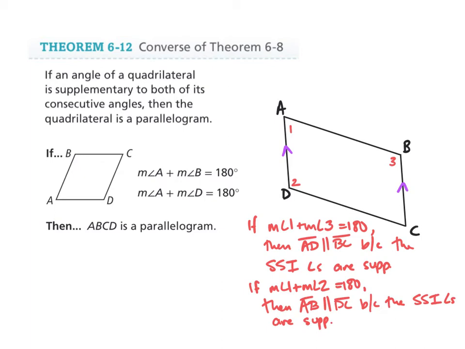And so if these two sides, this one and this one, are parallel, now we've proven that this is a parallelogram because both pairs of opposite sides are parallel. And again, this is going off the idea that angle 1 was supplementary to both of its consecutive angles, 3 and 2. So that's the second way we can prove that our quadrilateral might be a parallelogram.